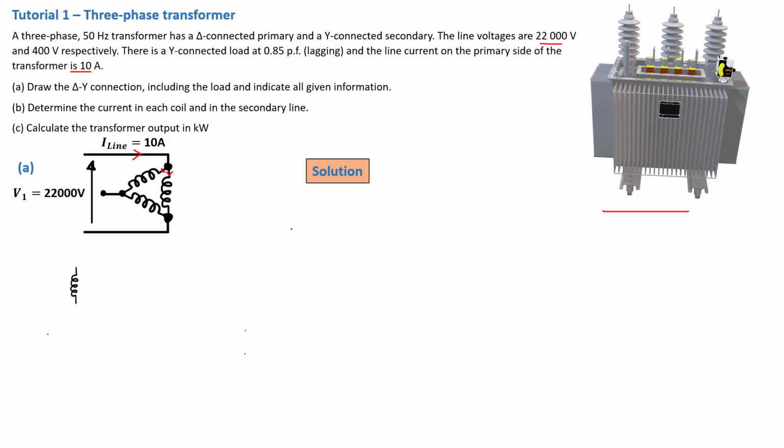So we draw phase 1, phase 2 and phase 3 in the secondary in a star fashion. Now remember, at the secondary we also have a Y connected load with a 0.85 power factor lagging. So we're going to finish drawing our secondary side with the Y connected load on its terminal.